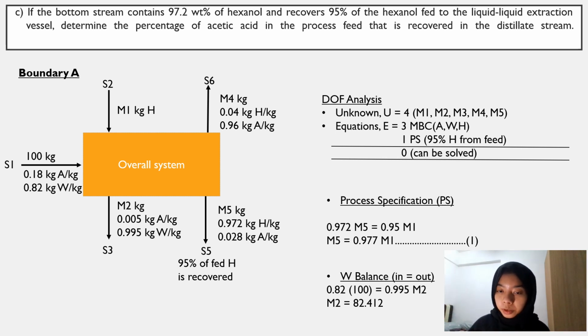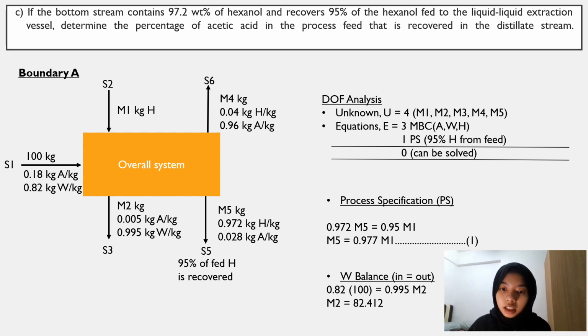We state that there are 4 unknowns, M1, M2, M4, and M5, and also 4 equations. 3 of those equations are mass balances, which contain A, W, and H. A is the acetic acid, W is water, and H is the hexanol.